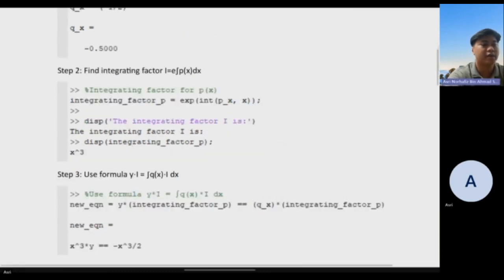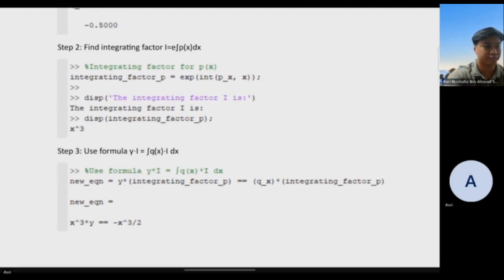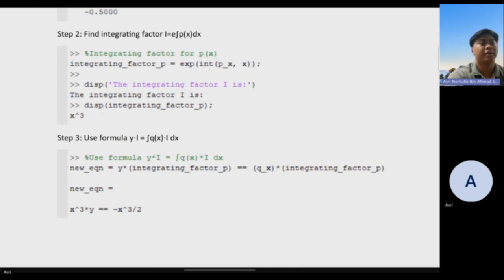Step 2 is to find the integrating factor I equals e to the power of the integral of P(x) dx. I display the integrating factor I, which equals x³.